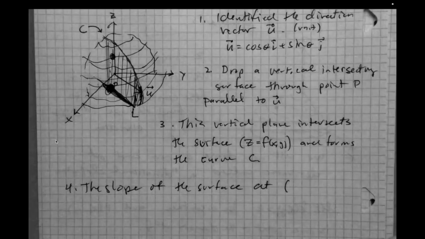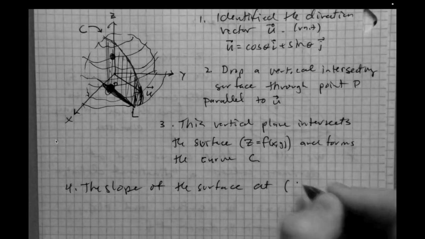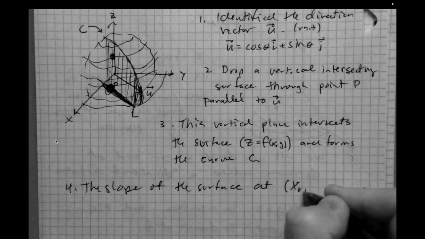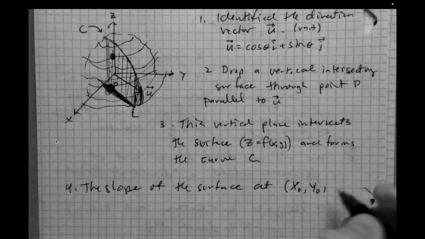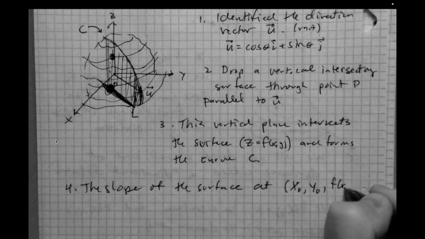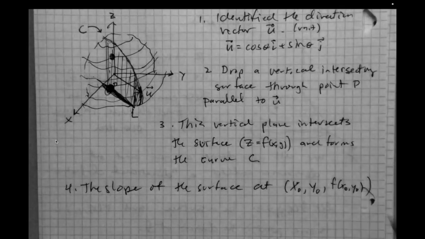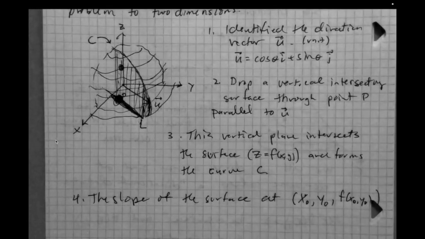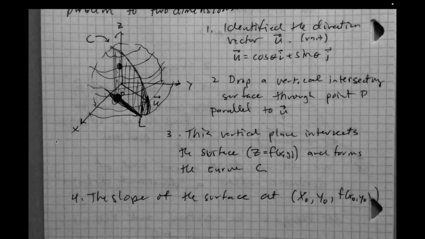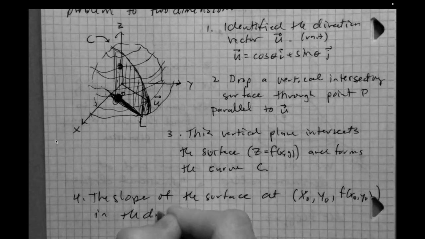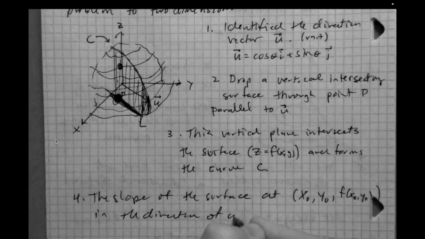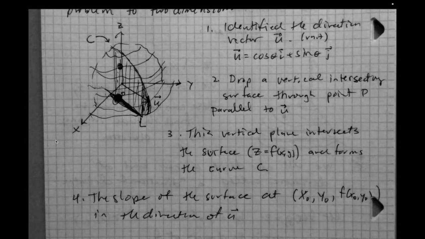But the point on the surface would have coordinates x naught, y naught, and then f of x naught, y naught, whatever that happens to be. So the slope of the surface at this point in the direction of u is just going to be the slope of the curve at that point.